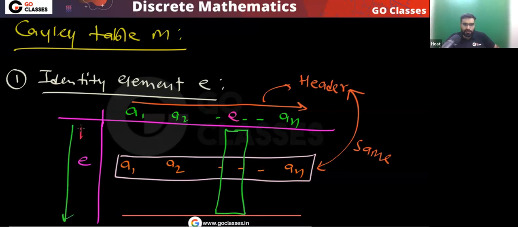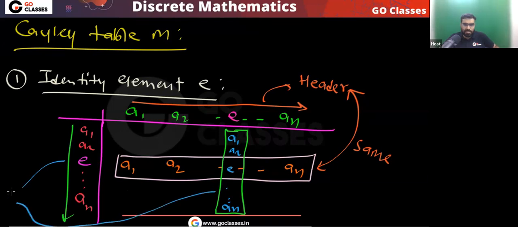For example, if you have A1, A2, E, and so on, AN in the header, then the same thing will happen in the column: A1, A2, E, and so on, AN. These two will be the same, in the same order. So this is how you can see the identity element.